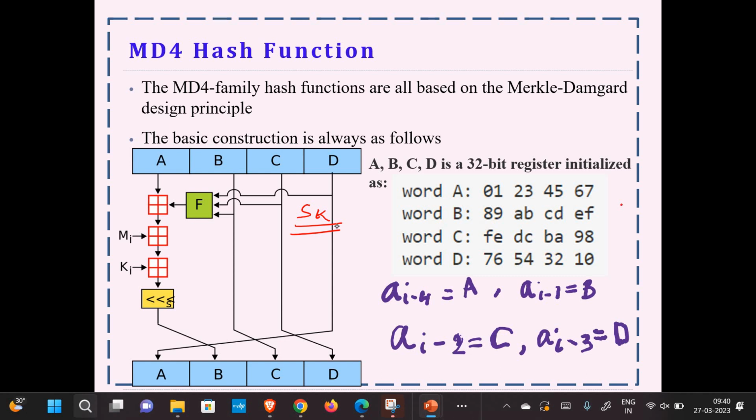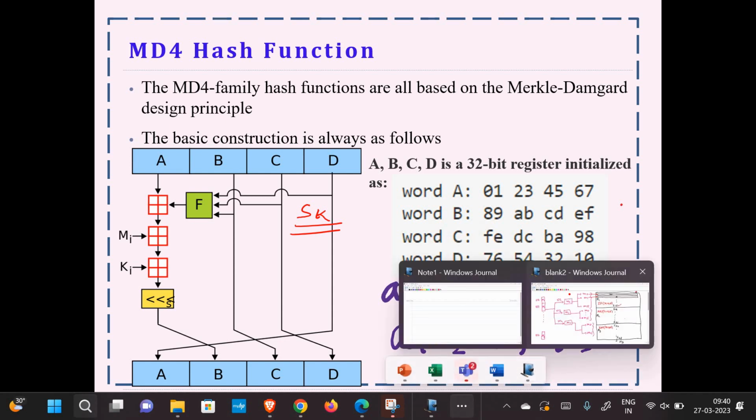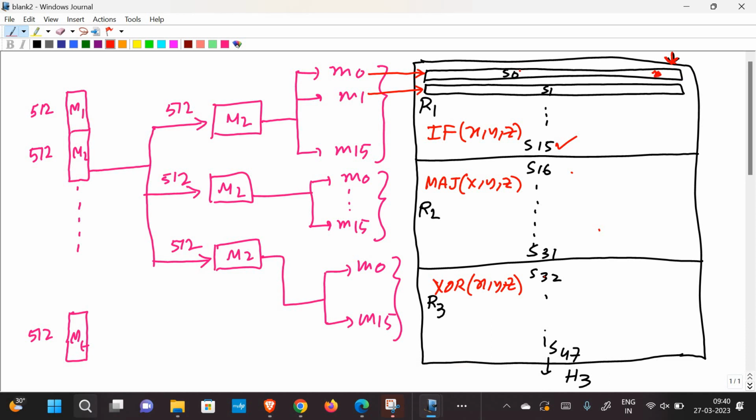What is every state? This state. This is my state 0. S0 is state 0. S1 is state 1. So for each and every state, like for 15 states, it will undergo this operation of the function, XORing with 3 inputs, then XORing with the message bit.